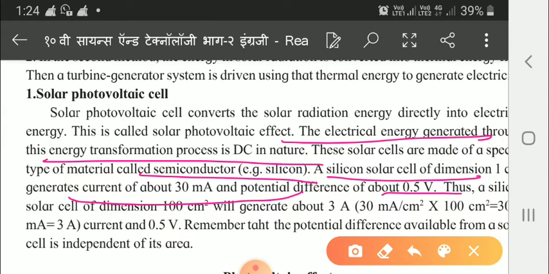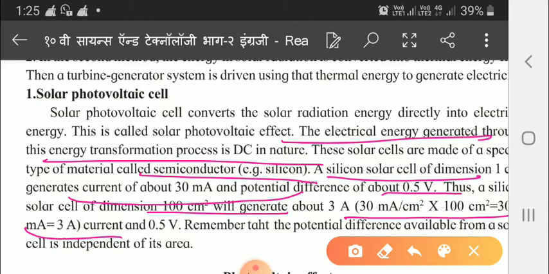So a solar cell with a dimension of 100 centimeter square will generate 30 milliampere per centimeter square into 100 centimeter square. So it will become 3000 milliampere or 3 ampere. And it will be of 0.5 volt.